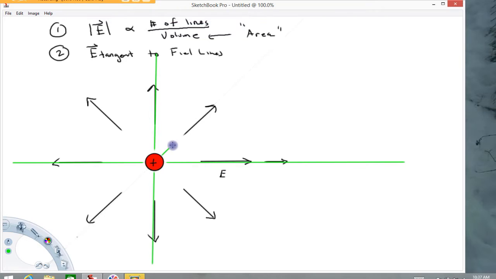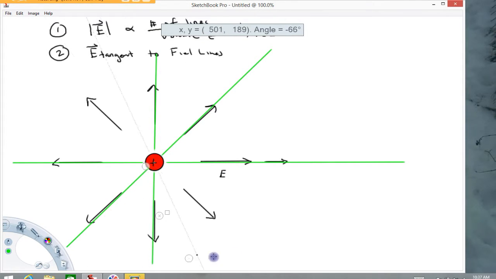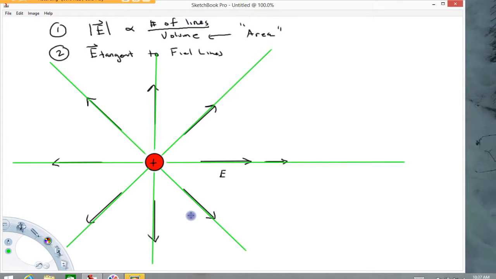You can draw these lines pretty well anywhere. Electric field lines themselves are not vector quantities, but they do in a sense have a direction. They can be away or towards the charge. Because this is positively charged, the electric field lines point away. So now we've got this series of lines in space.